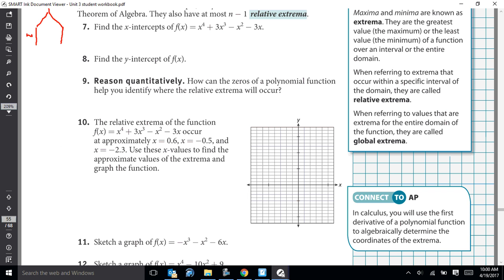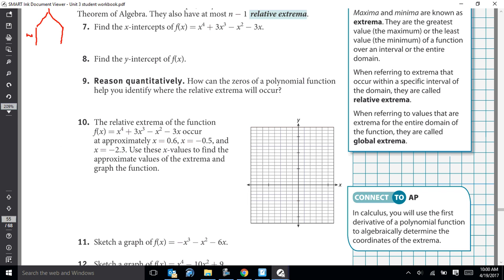So let's go ahead in the next couple minutes and substitute 0.6 into our function. This group, put 0.6 in, this middle group put -0.5 in, and this side put -2.3 in, so we can get that graph.